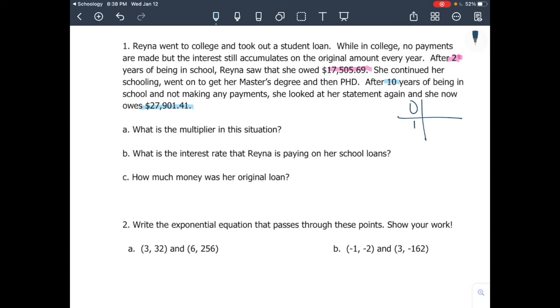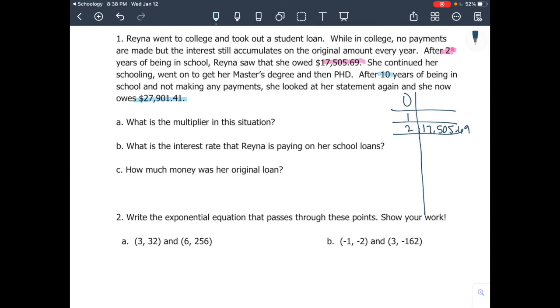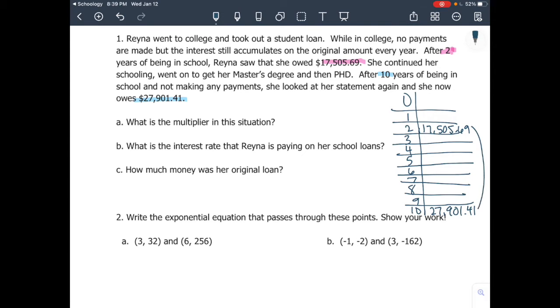And then we've got 2 years she's at 17,505.69, and then all the way down to 10. 3, 4, 5, 6, 7, 8, 9, 10, and at 10 she's at 27,901.41.